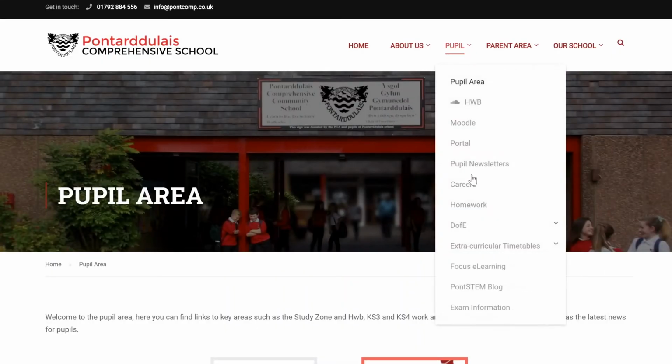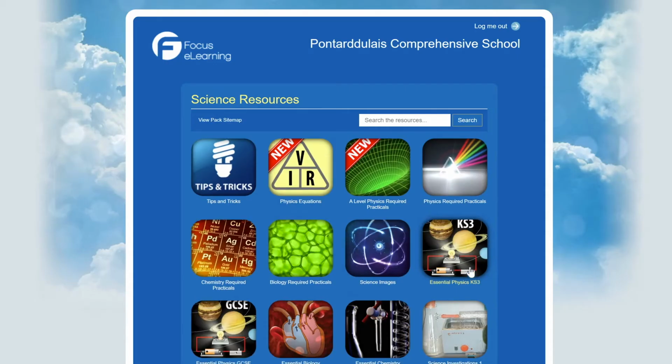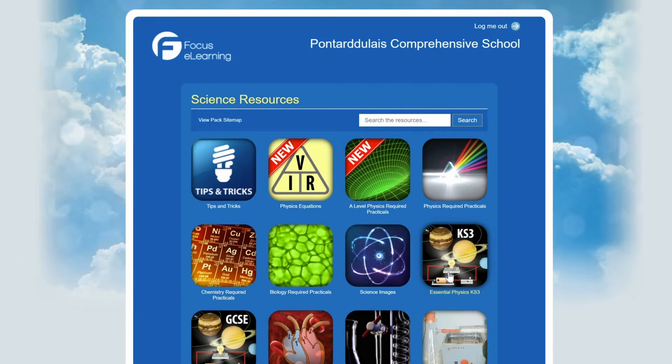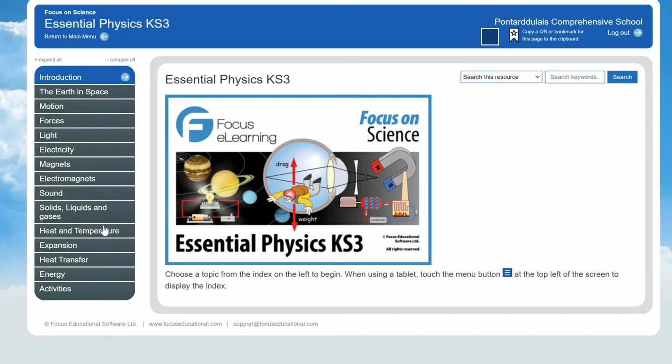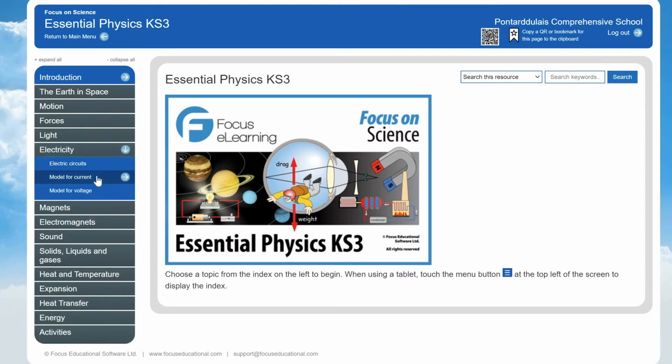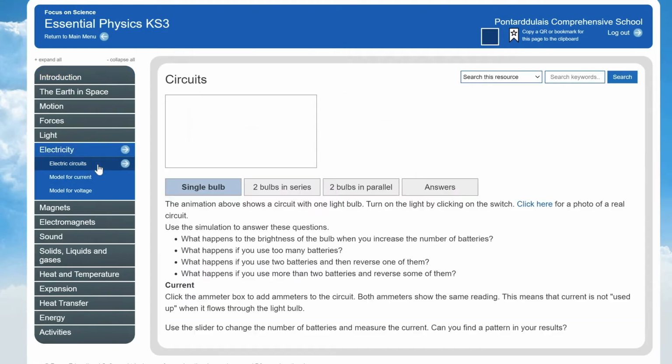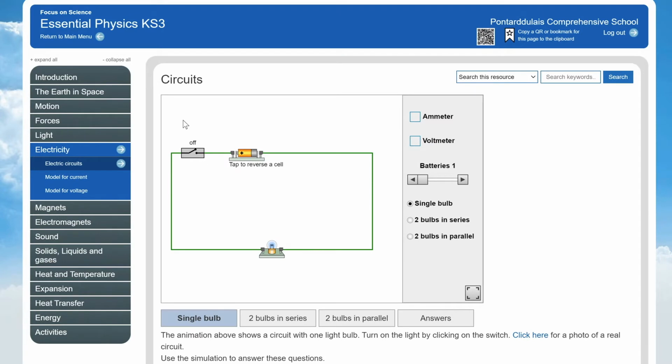Jumping into the school website, there's a useful piece of software called Focus e-Learning, and we just selected the Key Stage 3 physics from there, within which there's a useful modelling of an electrical circuit. So electric circuits, as we know, consist of a loop of wire, something to provide the push for the electrons, a battery, and something that resists it, in this case a bulb, and something there like a switch to turn the circuit on and off.